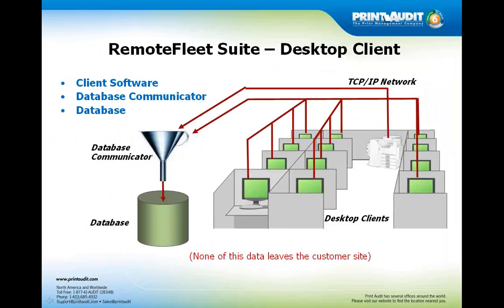Even you can see any device now that is being offered to the marketplace generally comes with the ability to network or to have the print server functionality built right into it. So the client-based system is really one of the most effective, most accurate, and most unintrusive of all tracking softwares. And it works very simply.